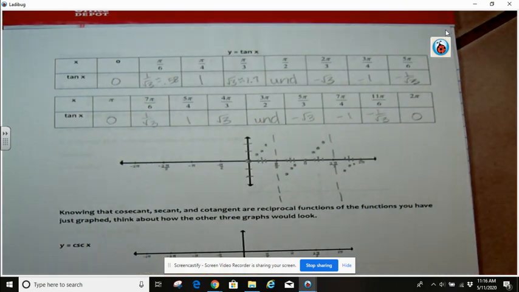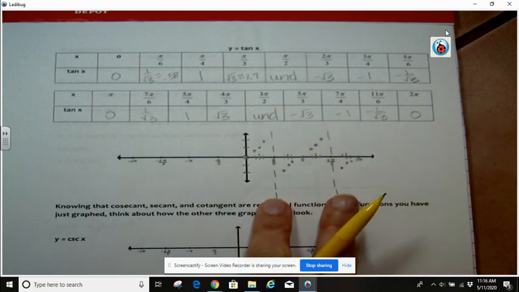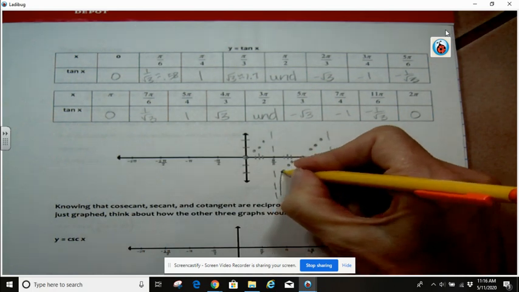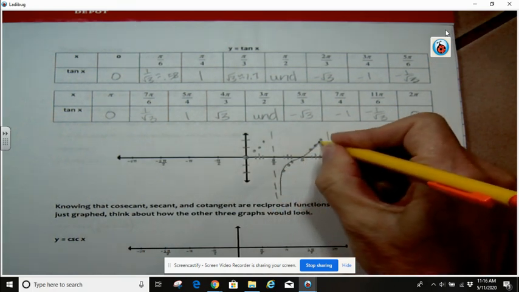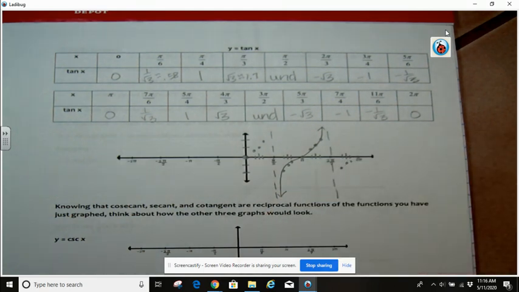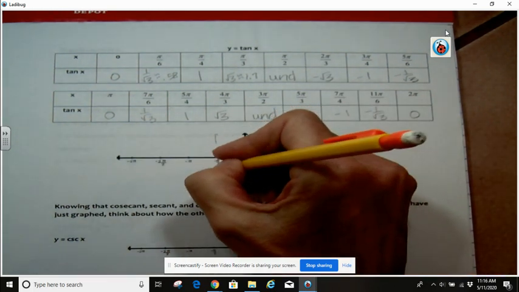All right, so these are not plotted the best they could be, but basically where we have a whole complete section right here between these two asymptotes, if you connect these dots, you want to make it look like a cubic function. And that's the pattern that you have for tangent. You're going to have the asymptotes at all your pi over 2's.